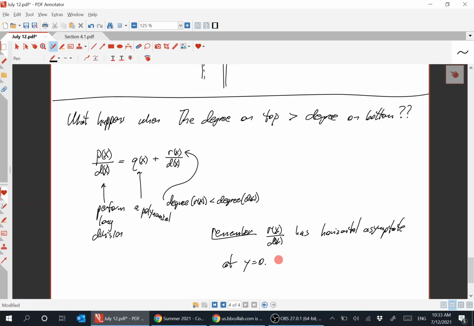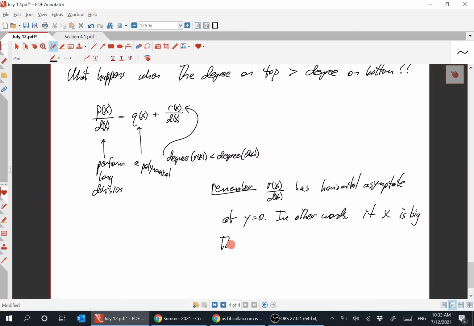In other words, if x is big and positive or big and negative, then r of x over d of x is tiny, close to 0. So if x is big, r over d is tiny, really small, close to 0.